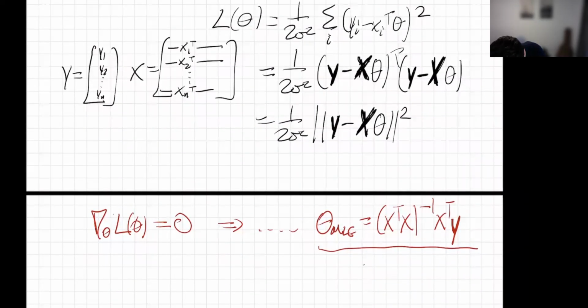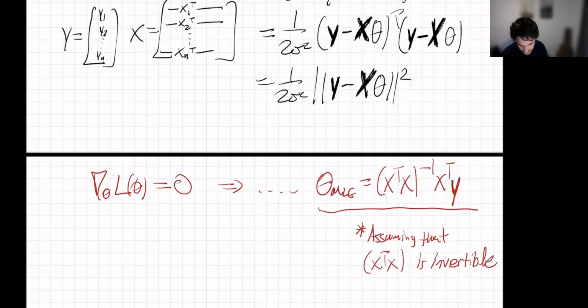There's a hidden little assumption, assuming that x transpose x is invertible. I won't go into this detail, but we should always be careful about invertibility.